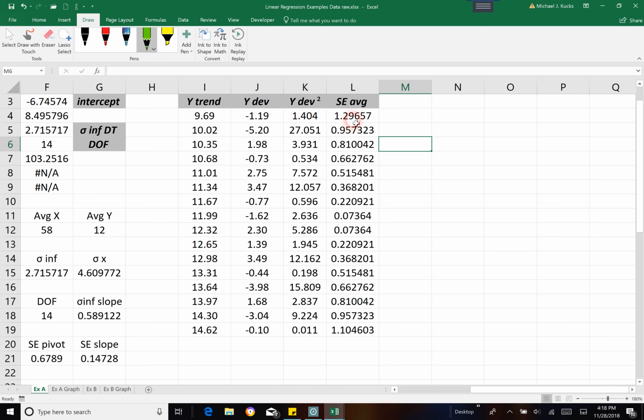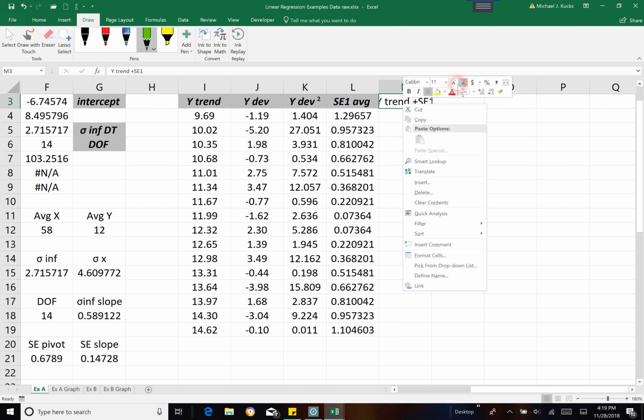And so now I want to make some new series on my graph. So I'm going to create trend plus SE1. And I'm going to call this SE1. Right, and I'm going to make this a little smaller.